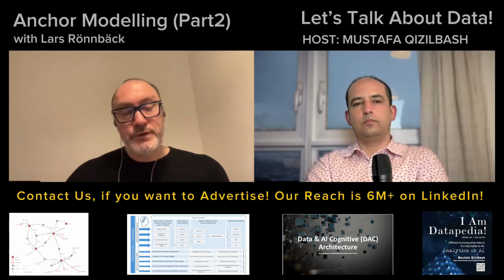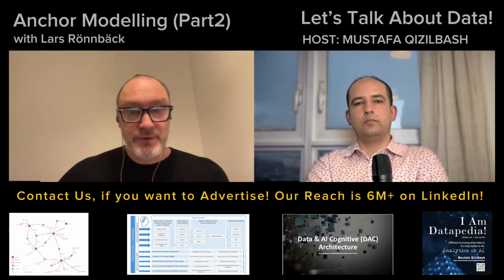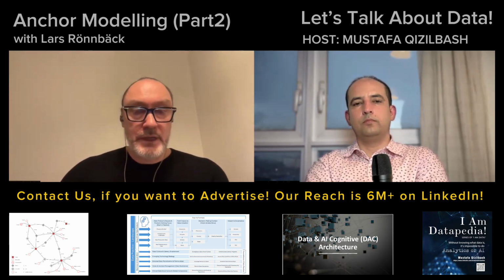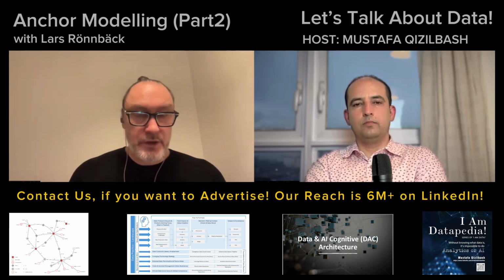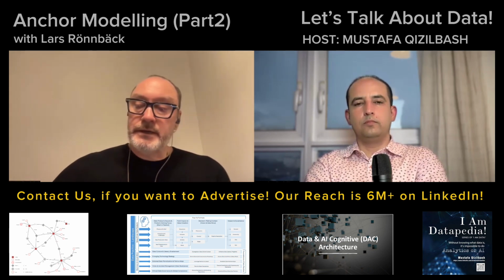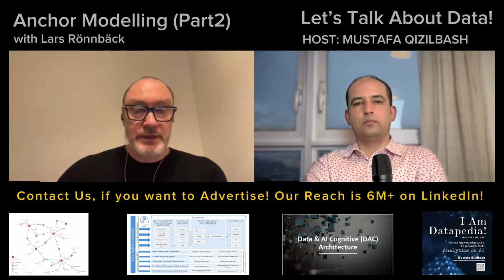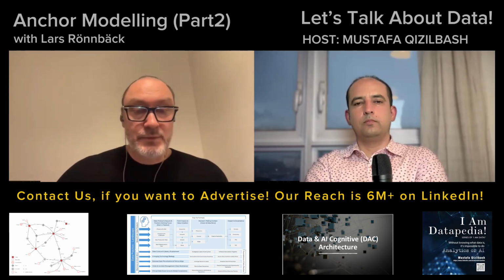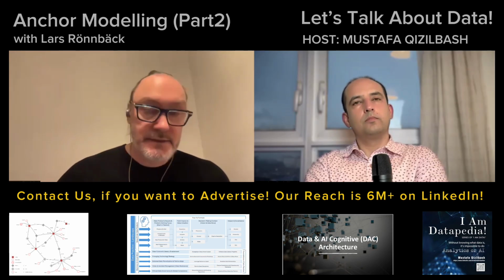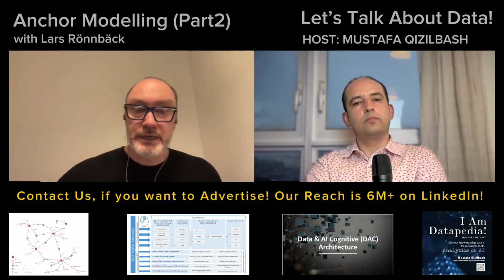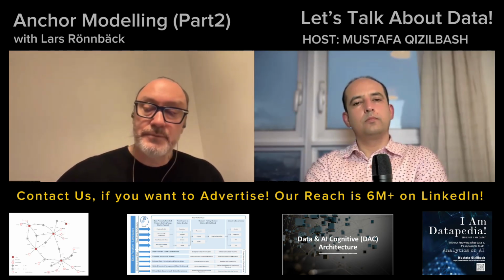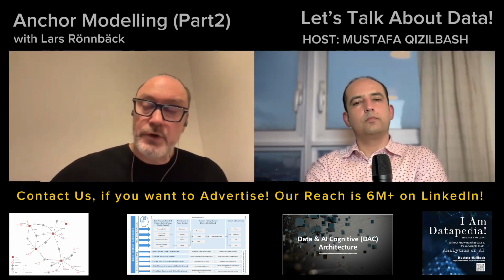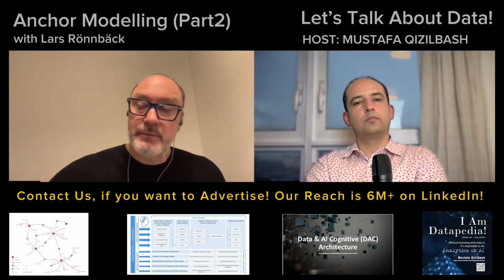But if we want to keep a history of the mistakes we've made, then we also need a second timeline, which is why we call it bitemporal. With that second timeline, we can actually keep a history of our mistakes as well. So in that case, in anchor modeling we will also have a time related to the row stating that I made a purchase today.